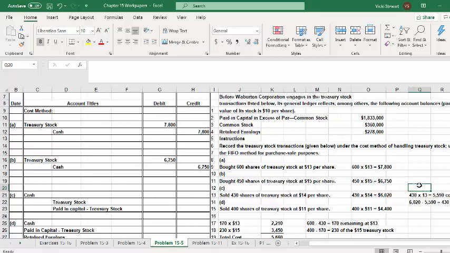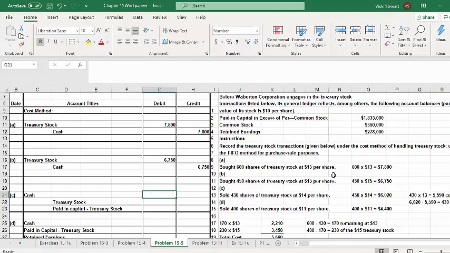So 430 shares times $13 gives us a cost of $5,590. Since we sold the shares at $14 per share, we received a total of $6,020 minus the cost of $5,590 gives us paid-in capital in excess of cost, treasury stock, of $430.